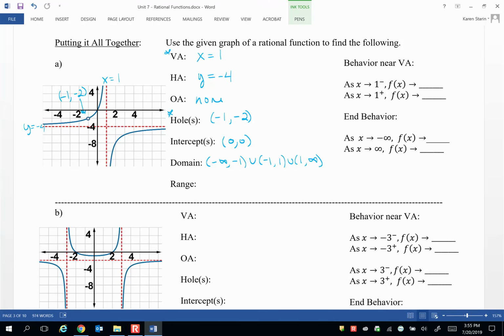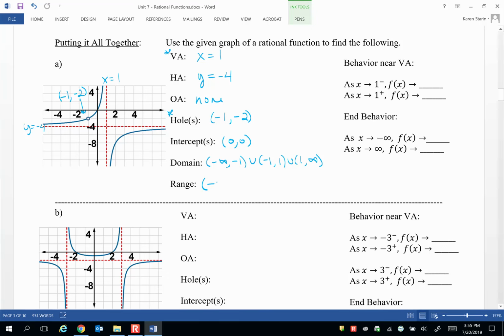Now reading the range, that means we read from bottom to top, and we only have one excluded value there as a horizontal asymptote and one excluded value there as a hole. So in the range, we have to exclude -4 because that's a horizontal asymptote, and we have to exclude the value -2 because it doesn't exist.